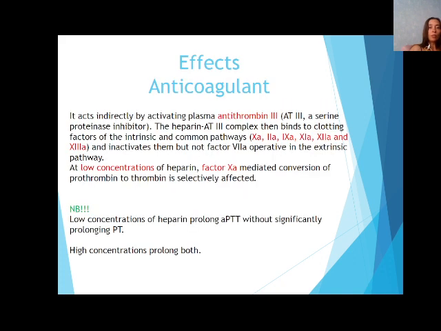So that is about the effects of parenteral anticoagulants. Mainly, it's the anticoagulant effect first.